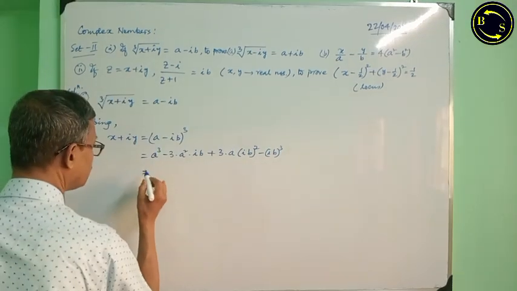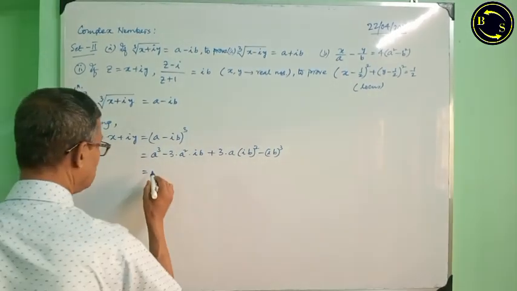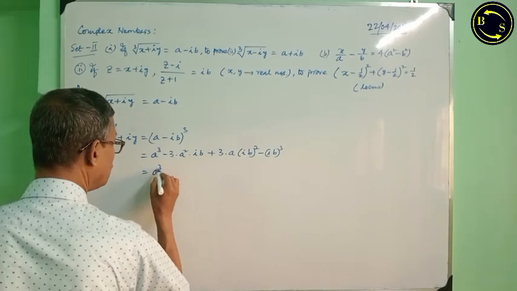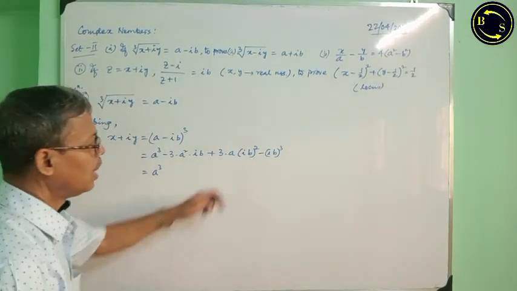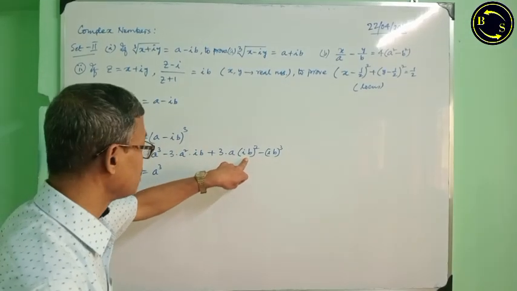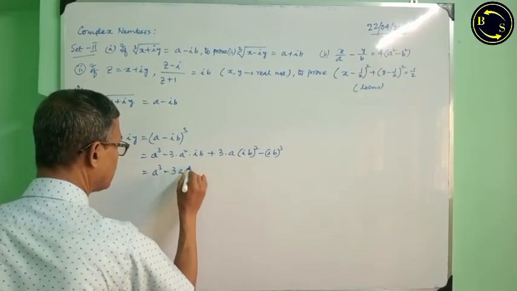We calculate by using i square equal to minus 1. It will be a cube; this will be real. i square b square means minus b square, minus 3ab square.